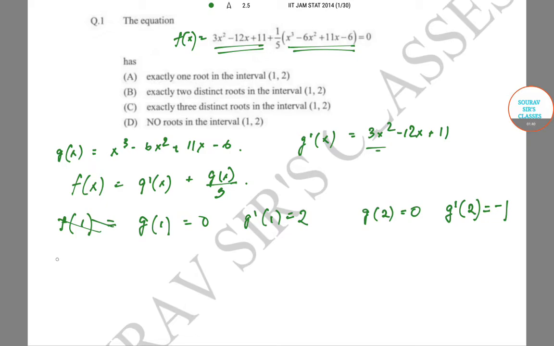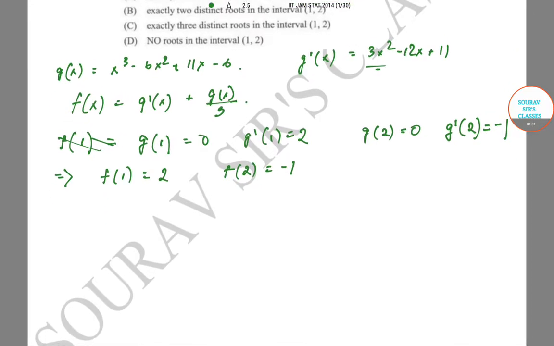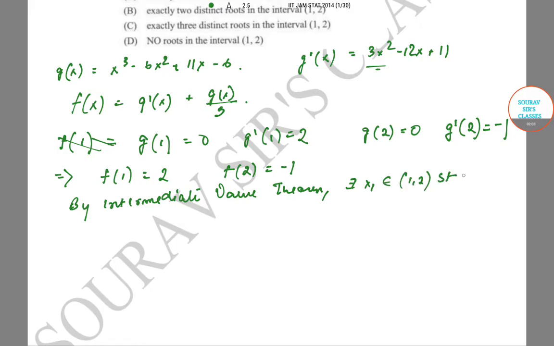These are easy calculations, which give us f(1) = 2 and f(2) = -1. Now f is a polynomial and continuous, so there's no problem with continuity. By the intermediate value theorem, there exists x1 in (1, 2) such that f(x1) = 0.